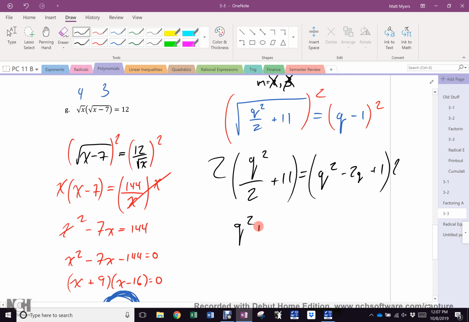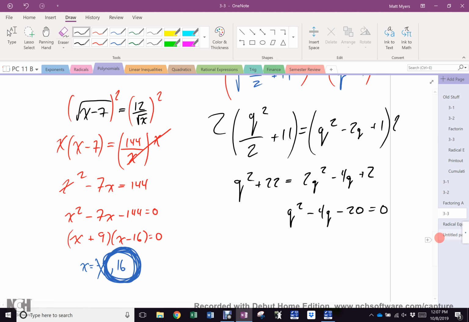To get q squared plus 22 equals 2q squared minus 4q plus 2. Then you collect your like terms. Q squared minus 4q, equals, not equals, you idiot, plus, not plus, you idiot, minus 20 equals 0. And if you get there, you're stuck because this doesn't factor.